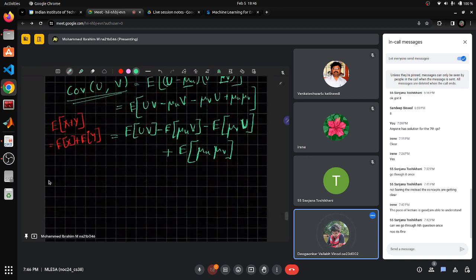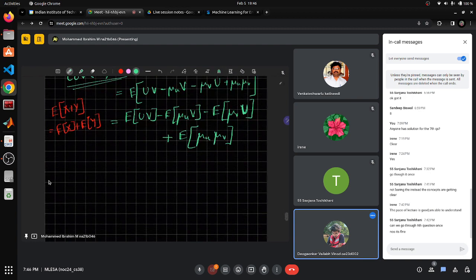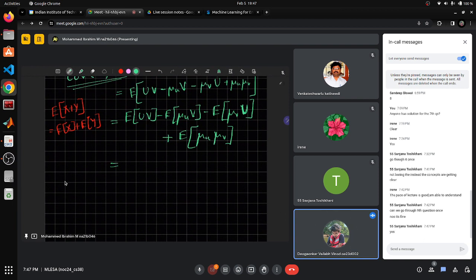Okay, till this point everything clear? I hope it is. So now this expectation of uv is what we are interested in.